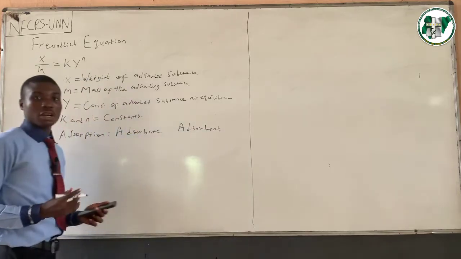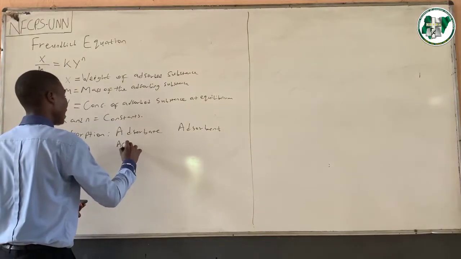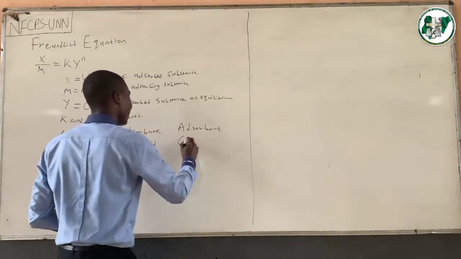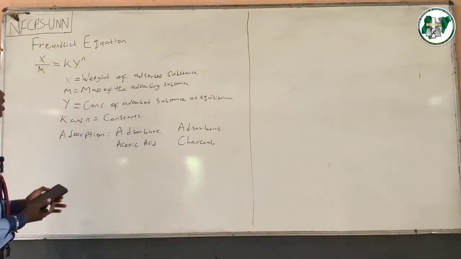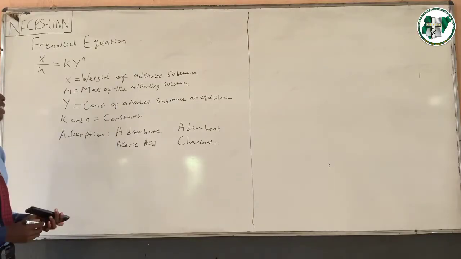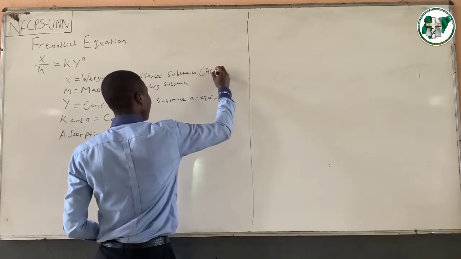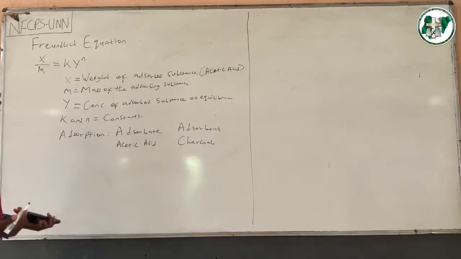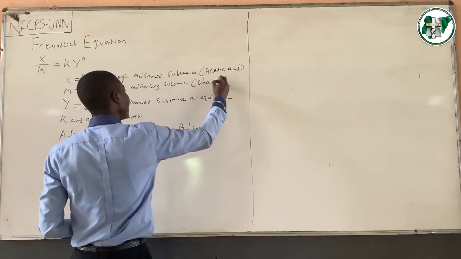So for today's practical video tutorial, we are going to be working with the adsorbate as acetic acid, and we're going to be having the adsorbent as charcoal. So in the context of this particular equation, the weight of the adsorbed substance, which is the adsorbate, it means that what we're talking about for the x is the weight of acetic acid, since this is the adsorbed substance. And then the mass of adsorbing substance, which we refer to as the adsorbent, it simply means that what we're talking about here is the charcoal.